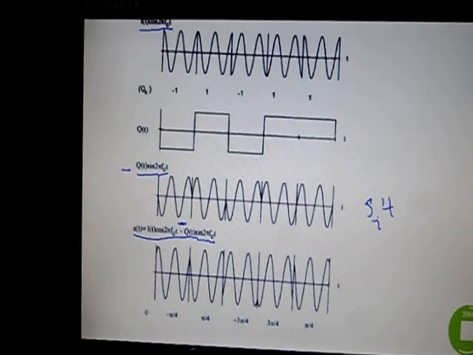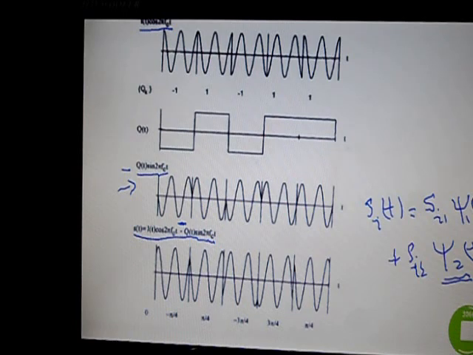Because your signal Si of t, as I mentioned earlier, is psi1 of t plus psi2 of t, and this psi2 is negative. But here we just generate a positive waveform, so we have to insert this minus sign.